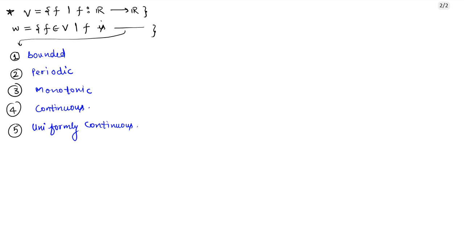Similarly, if continuous functions form a subspace, then uniformly continuous functions also form a subspace, because if you add two uniformly continuous functions, the result is also uniformly continuous. And the collection of differentiable functions.